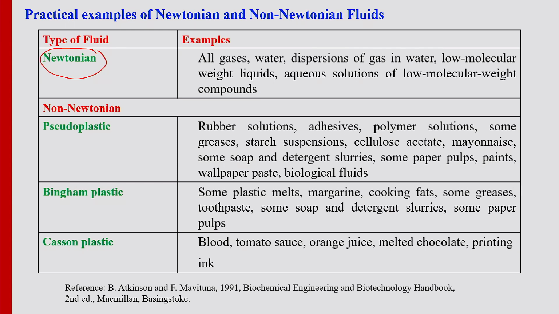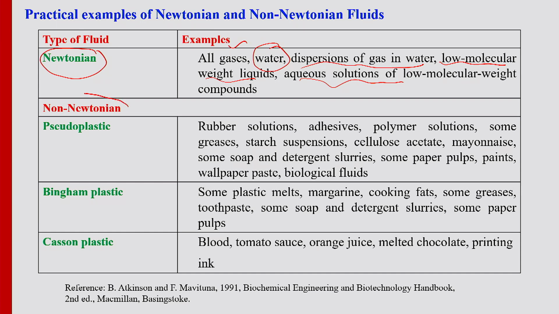For Newtonian we take all types of gases, normal gases, then water, then dispersion of gas in water, then low molecular weight liquids. Even high molecular weight we should not use, only low molecular weight liquids, then some aqueous solutions of low molecular weight compounds. These all come in the category of Newtonian fluids, where shear stress is proportional to shear rate. So here n always stands as 1.